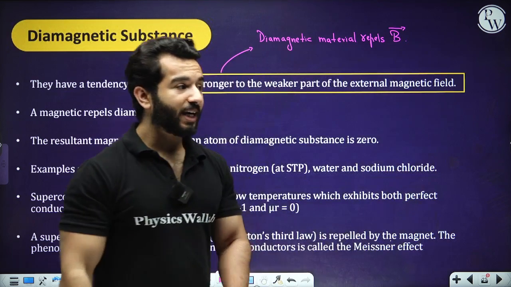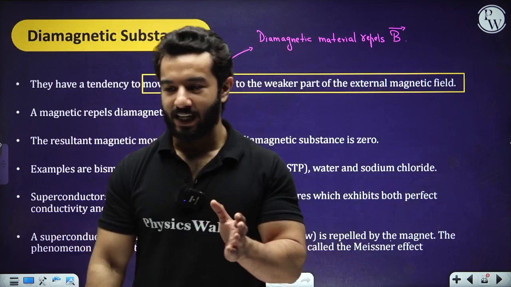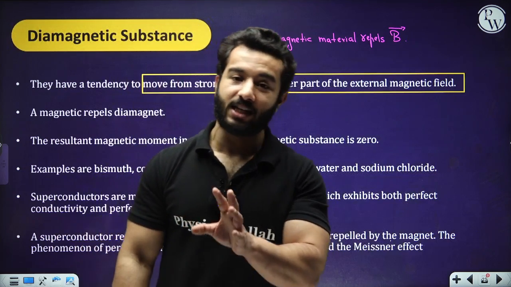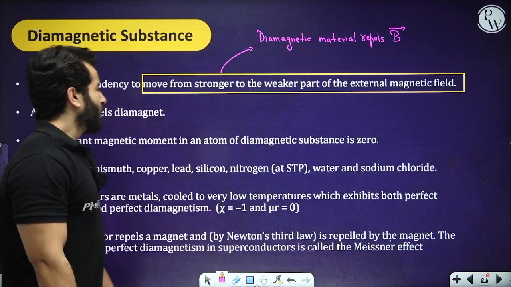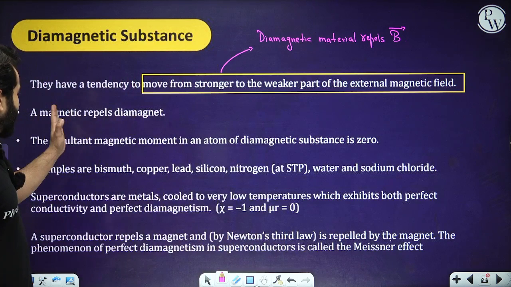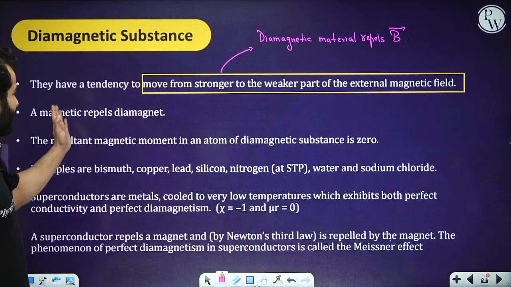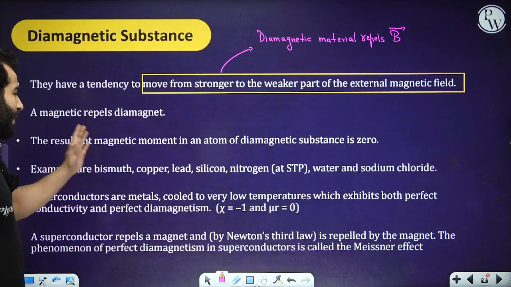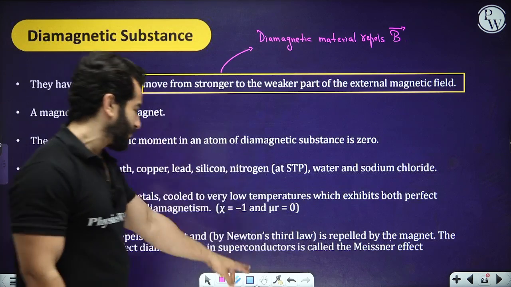So instead of getting magnetized, instead of getting attracted to a magnetic field, it is getting repelled by it, right? So a magnet repels a diamagnet. The resultant magnetic moment in an atom of a diamagnetic material is zero.